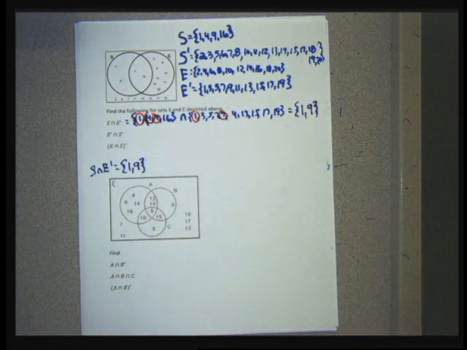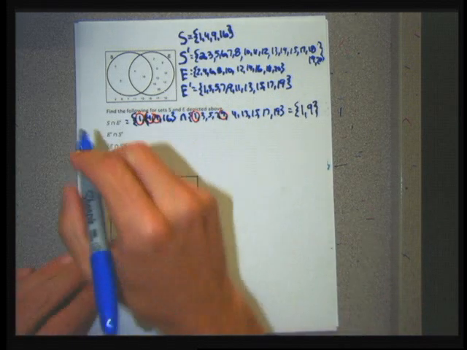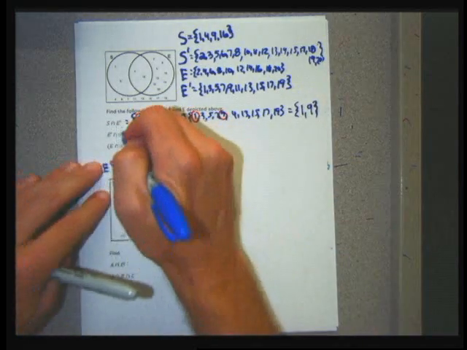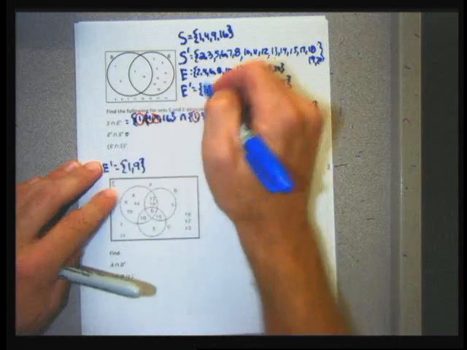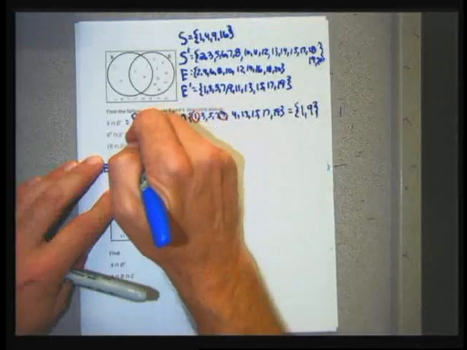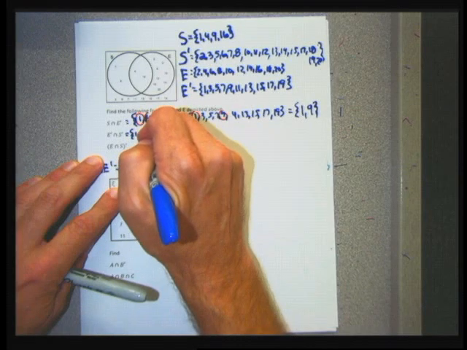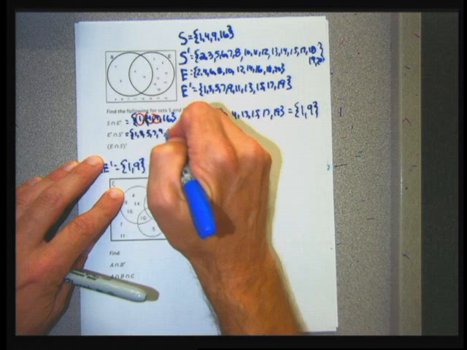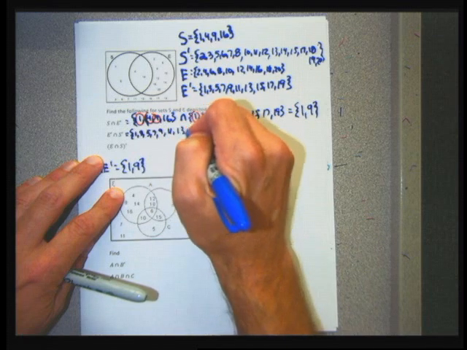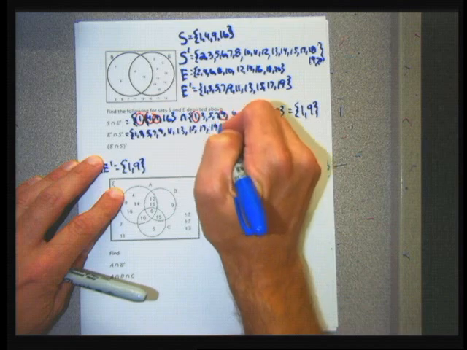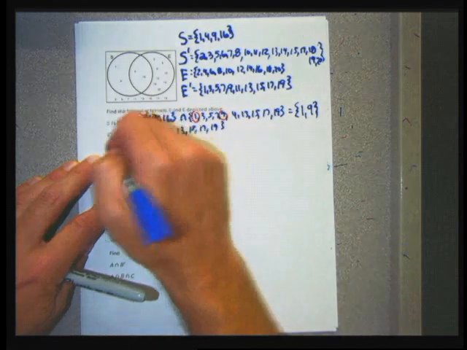Next one, E prime intersection S prime. I'm just going to write what each set is. Oh, and I would not have room for this so well. E prime is the set 1, 3, 5, 7 all the way up to 19. So E prime contains 1, 3, 5, 7, 9, 11, 13, 15, 17, and 19. I'm going to do this in a lower spot.